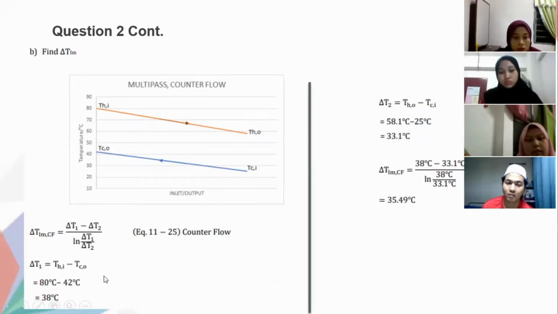To find the delta T LM, we can use this equation, calculate delta T1 and delta T2, and substitute in equation 11.25, and we get 35.49 degrees C.